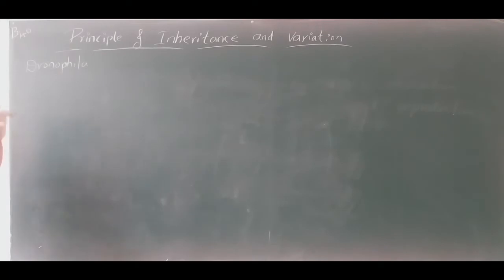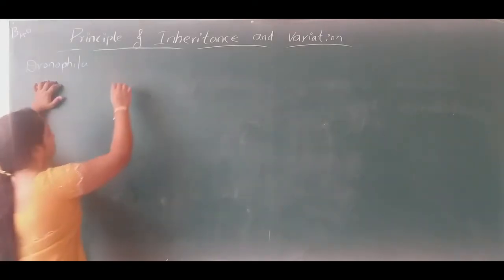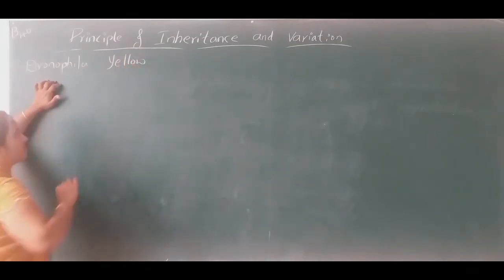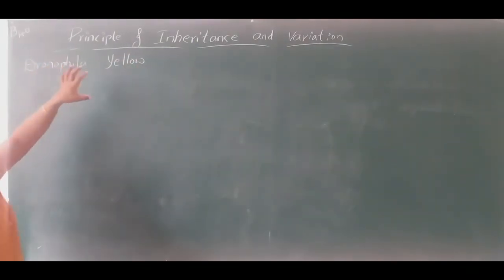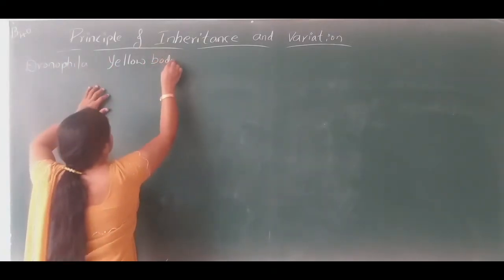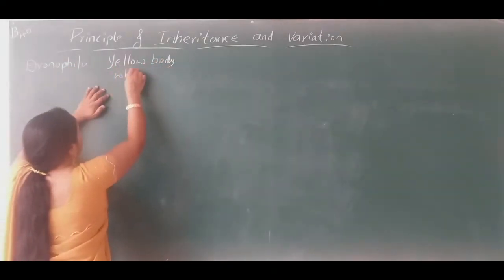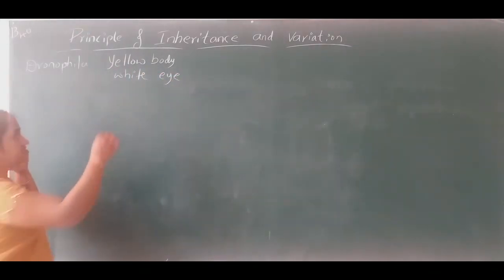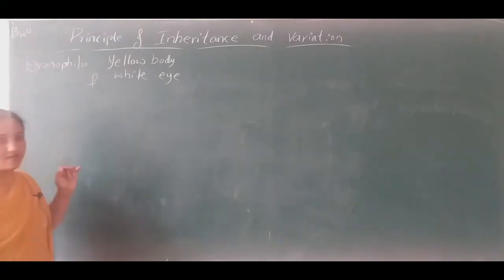We are taking two characters of Drosophila melanogaster. One female Drosophila, what we are choosing, has a yellow body and white eye, which is a female one.